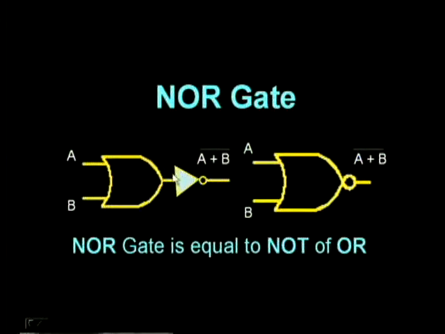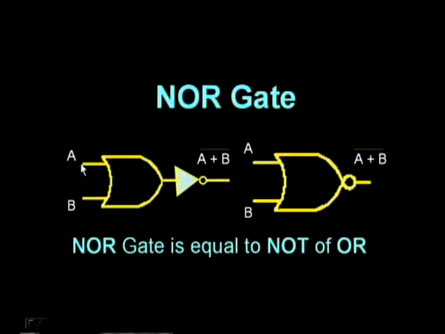We shall see the second important gate called the NOR gate. Here is the symbol for NOR gate. The NOR gate is an inverter at the output of OR gate. So, NOT of OR is NOR gate.